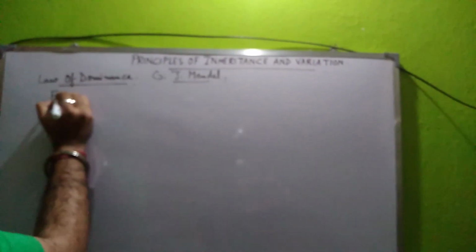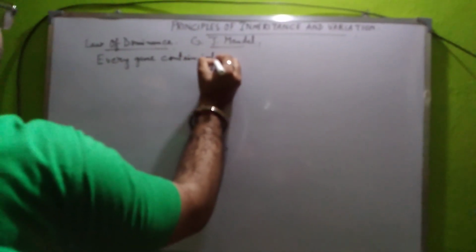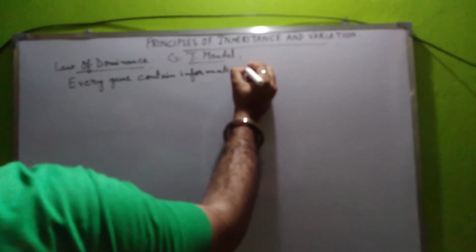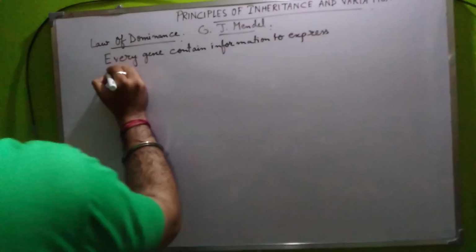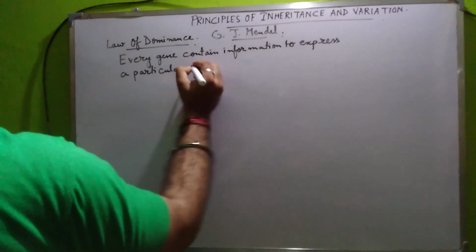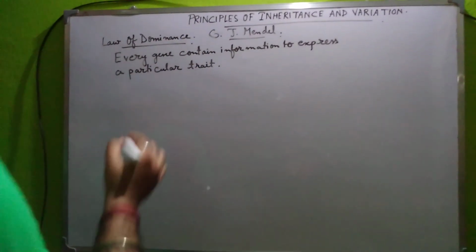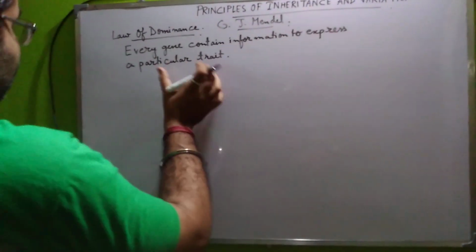He said every gene, now look at it very carefully, every gene contains information to express a particular trait. Now, what does this mean? Every gene contains information to express a particular trait.